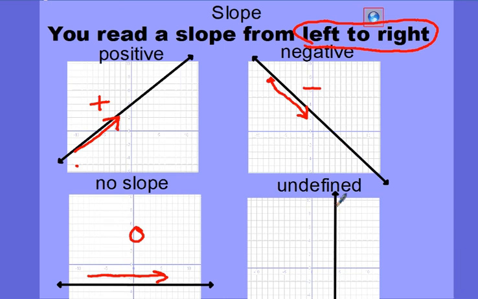If we were to put something right here, it could not roll up or down or across. It would just fall off. Okay, so any type of slope that you see that is vertical, which means straight up and down, that's going to be undefined.